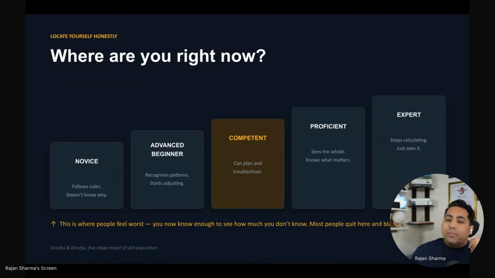Let's talk more about one step upper, where everything feels good. When we say proficient, what is the definition of proficient? You see the situation as a whole, the complete picture, and you have the capability to understand what is noise that you need to remove and what matters for you.